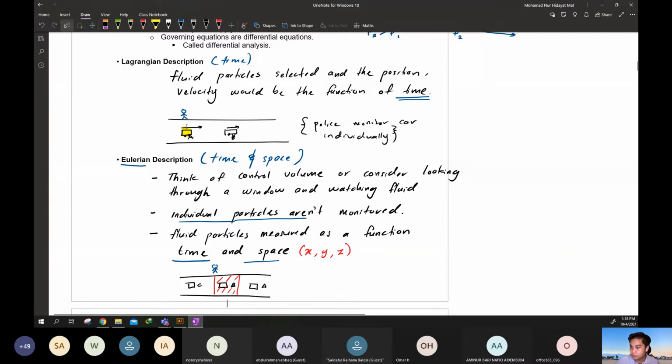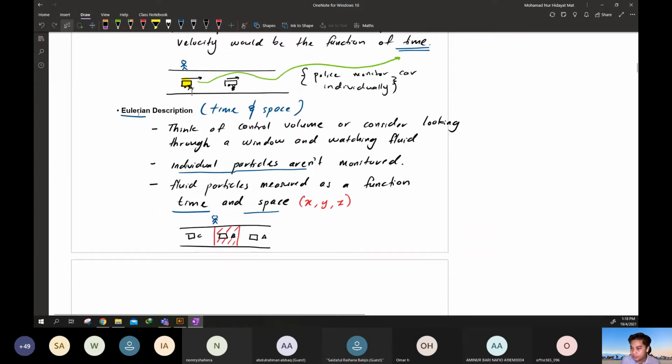For example, the car will move from here, through all this area, to this location, and this policeman will monitor until this one, the individual car. However, for the Eulerian description, the police does not monitor the individual car or individual fluid particle, but monitors only this section: how many cars cross this section, what is the velocity of the cars, the pressure or any kind of property as the car passes through this location.